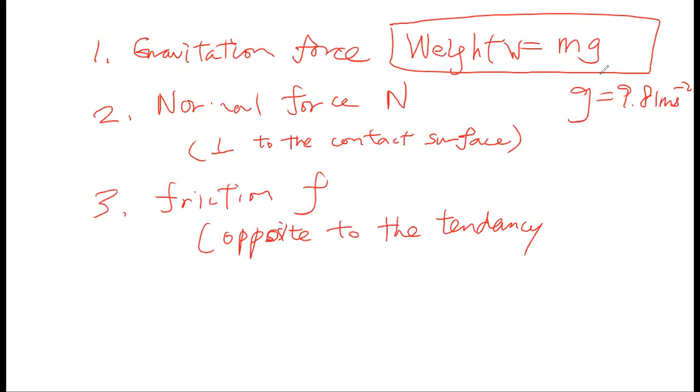If the motion is going forward, surely the friction will be backward, right? But if the object is stationary, however, it has a tendency to go forward, there will still be a friction to prevent it from moving. So that's why friction always opposes the motion, okay?